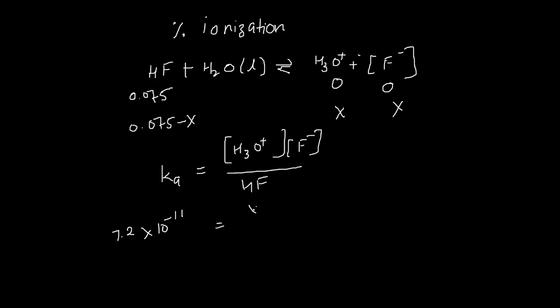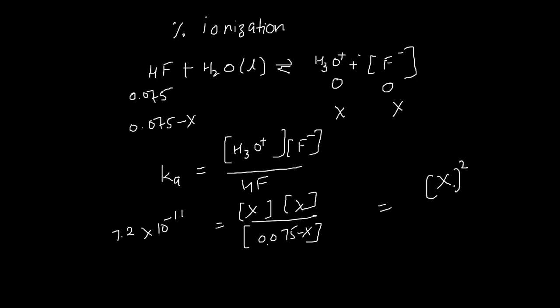So this is X squared divided by 0.075 minus X. Because this is a weak acid, you can ignore this X, as ionization will be very small. So X squared divided by 0.075, and you can calculate X, which will be something like 0.028.